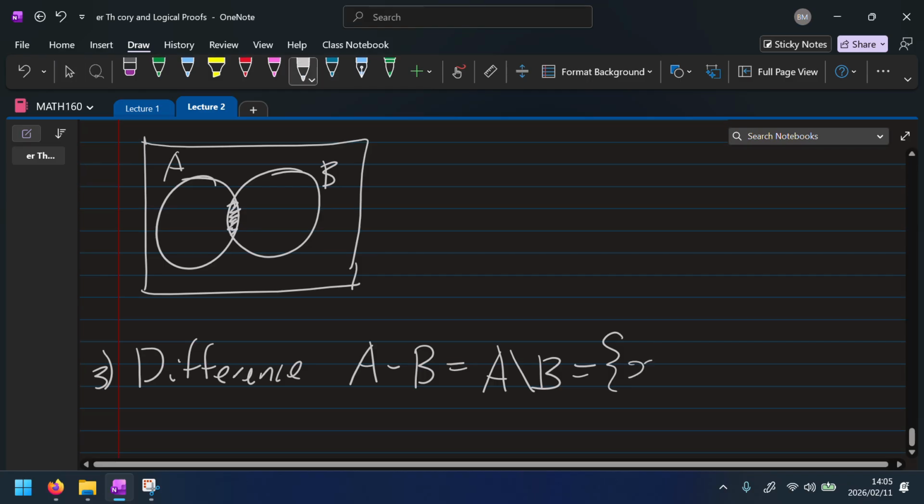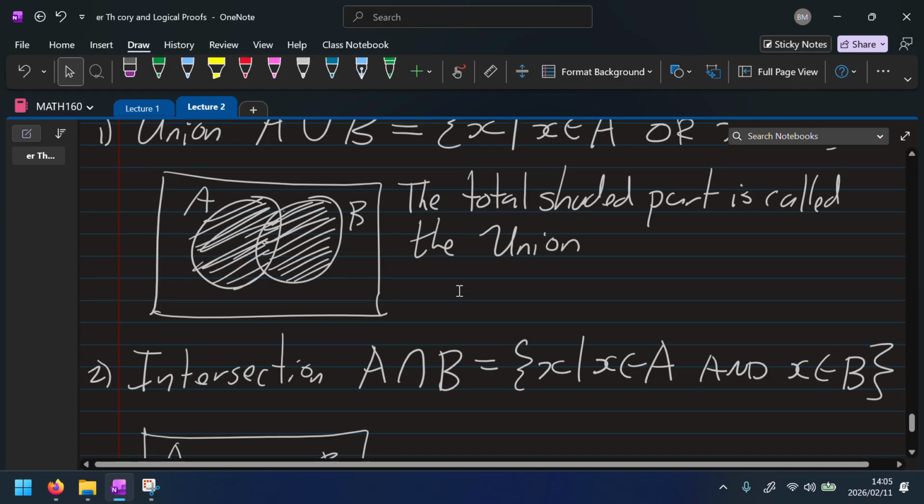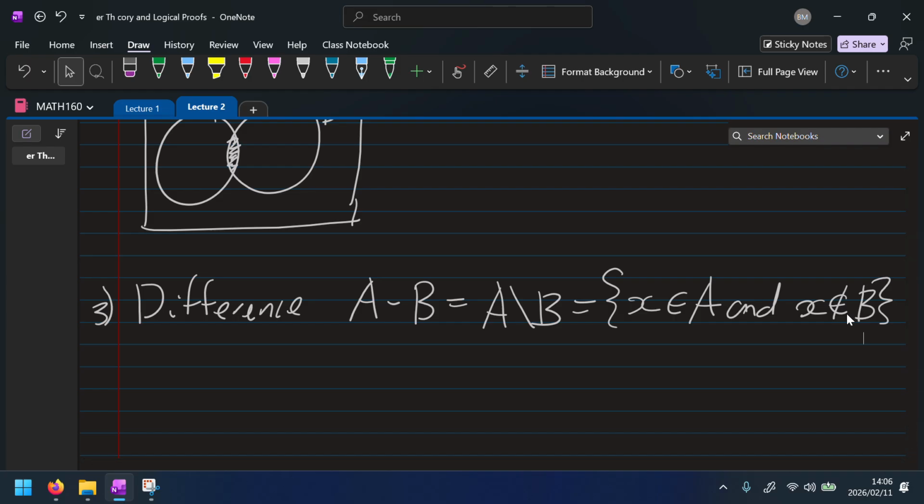This is X is an element of A and X is not an element of B. For intersection, it was X an element of A and X an element of B. This is X an element of A and X not an element of B. A very, very slight difference. If you're just looking very quickly, you might think it's the same thing, but you need to be very careful.